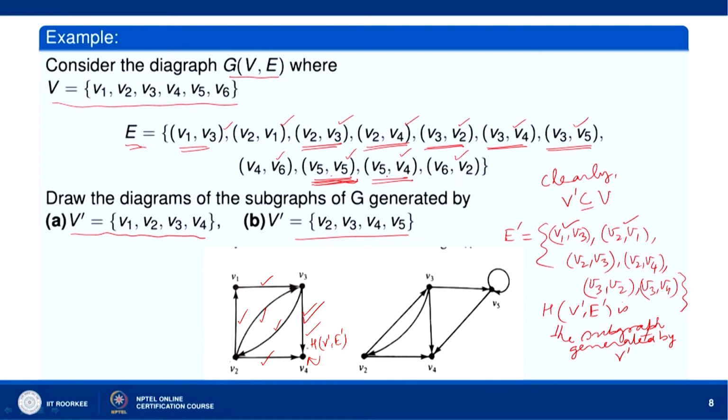And a graph showing these edges and vertices B2, B3, B4, B5 is this one.